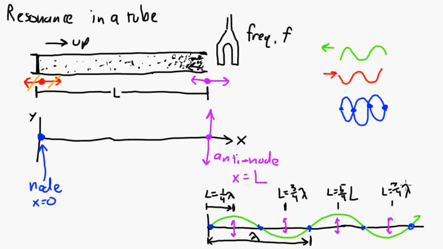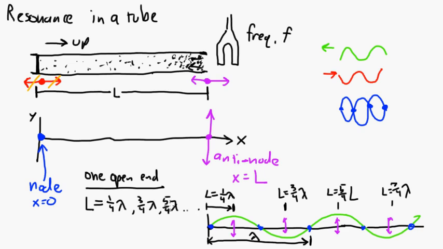So you get the idea here, I hope, that for a tube with one open end and the other one closed, the possible resonance lengths are L equals 1/4 lambda, or 3/4 lambda, or 5/4 lambda, etc. So any odd number divided by 4 times the wavelength is a length where you can get resonance.